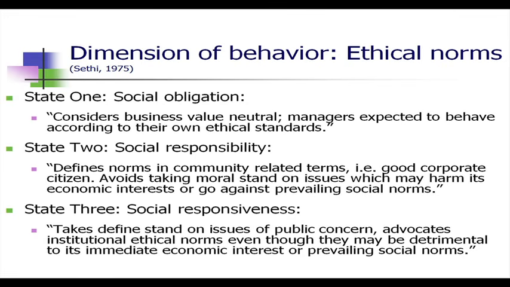So, you start advocating, you start talking about ethical norms even though they may not serve your immediate economic interest or the prevailing social norms, even though they may not be accepted in society, but you can see that in the future they will have very positive consequences for the society that you live in. So, you become responsive and you say, we are a good organization, we will not let this bad thing happen to the society around us.